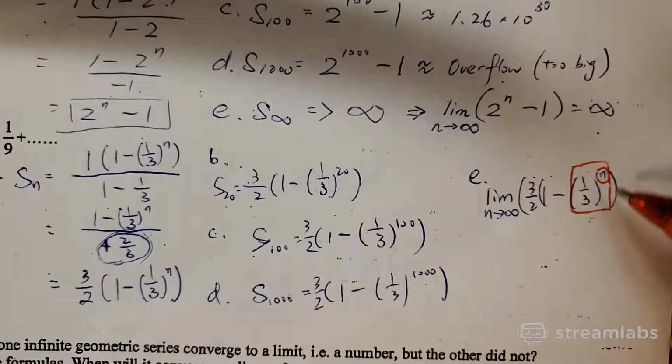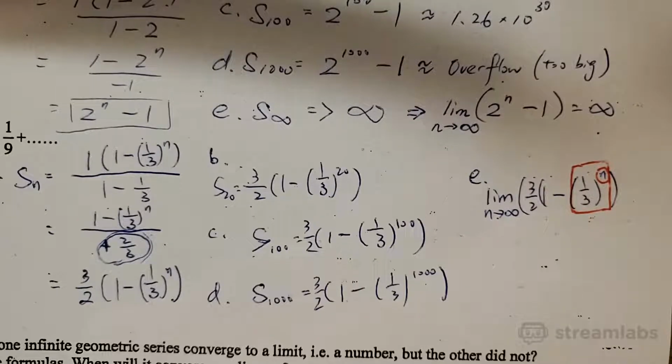So 1/3 times 1/3 times 1/3 times 1/3 times 1/3, and so on. What will happen? Just type what you think. It doesn't have to be correct.